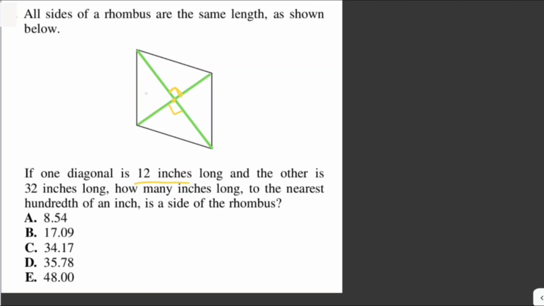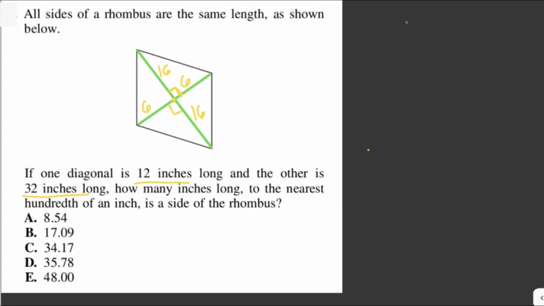So that means this would be just equal to 6 inches, and this one is 6 inches, and this one is 12, and no, 16, because that one is 32. We're given 32 inches here, so this is 16 inches. Since the diagonals meet at their midpoints and form right angles, that means they form a right triangle.